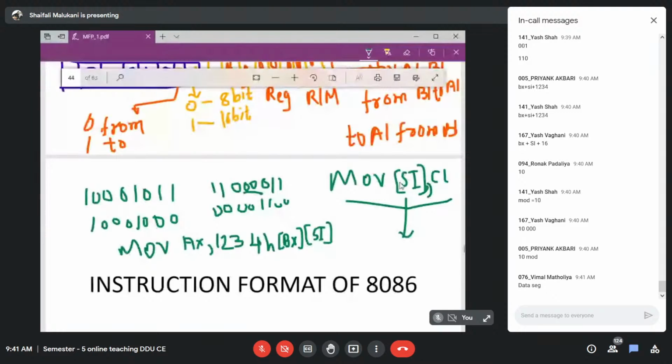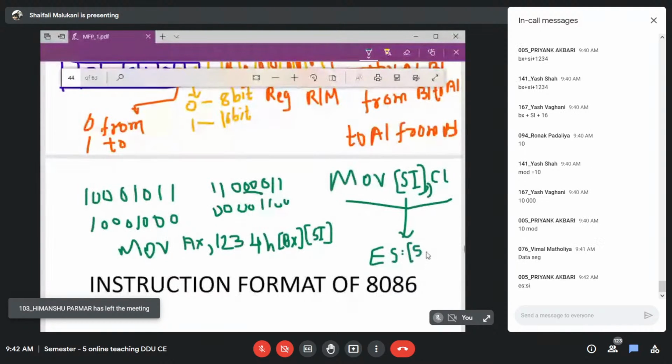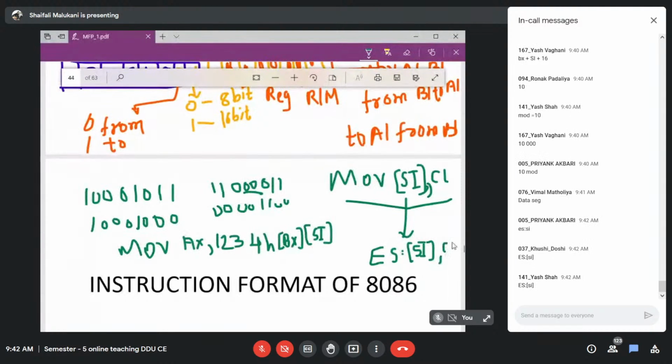Yes, true, it is the data segment. But what if I want to specify my specific segment? Suppose I want to go for offset SI, but not in the data segment, which is the default one. I want to specify, go to ES segment value, take offset SI, because SI is just a value, right? So I will write it like this, but how to encode it?